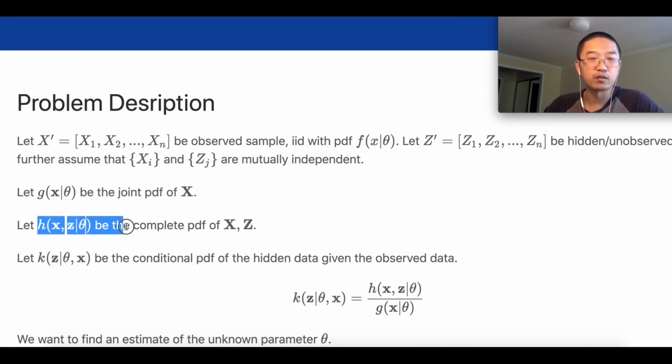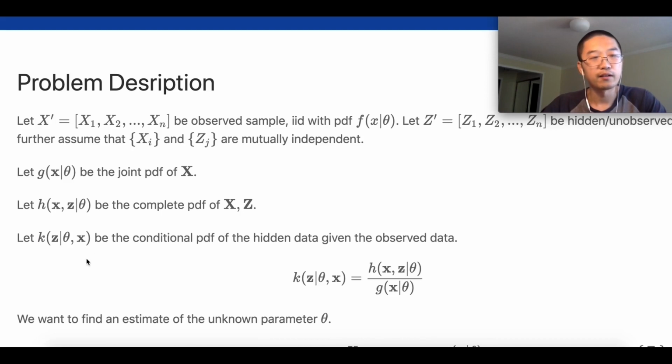What is h? H is the complete PDF of x and z, which is the drawn PDF of x and z. And let's define a function k, which is a conditional PDF of z given x and theta.